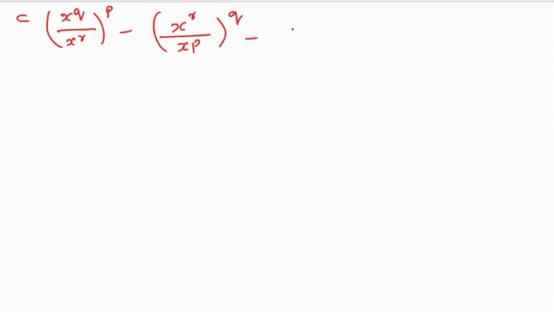Next statement, it is given that (x^q / x^r)^p minus x raised to r, here (x^r / x^p)^q minus (x^p / x^q)^r.